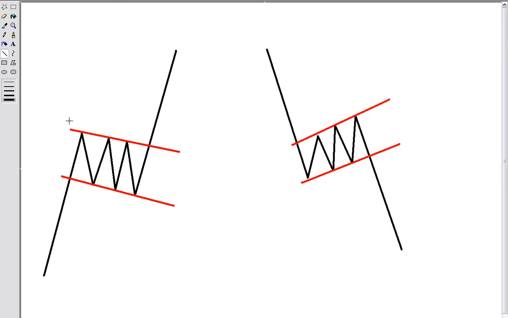So in terms of its characteristics, in a bullish flag we have a market trending upwards and then an area of consolidation where the market simply stalls. Now the reason why it does this is because it's very rare for a market to just trend upwards and keep going up and up and up and then reverse and go back down. It doesn't do that.